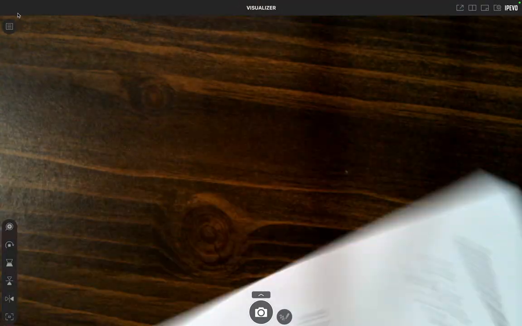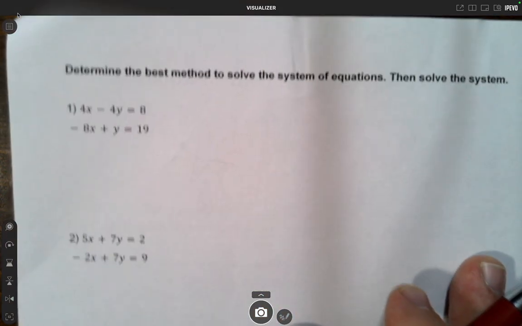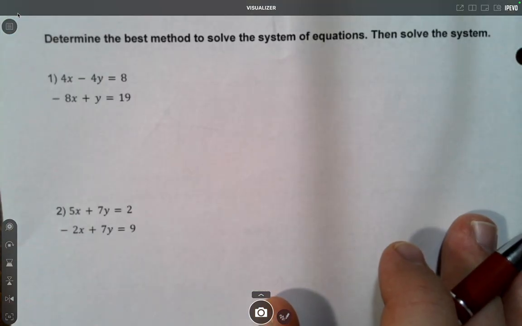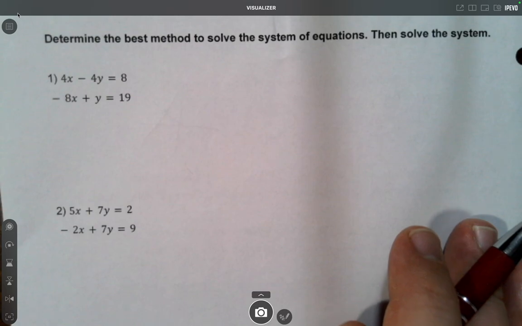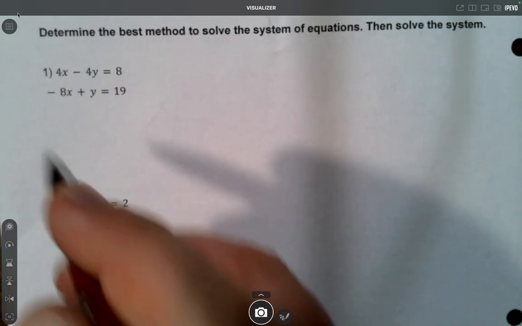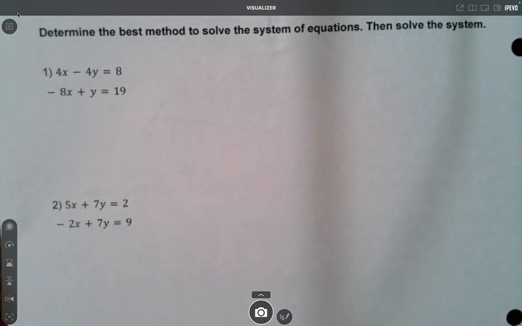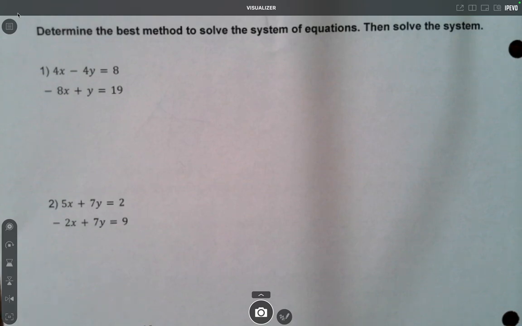Okay, now let's practice this. So determine the best method to solve the system, then solve the system. So right away, well actually again, I would encourage you to pause and think about it for a second, see what you think is best. I think this is a scenario where you really could do either one.